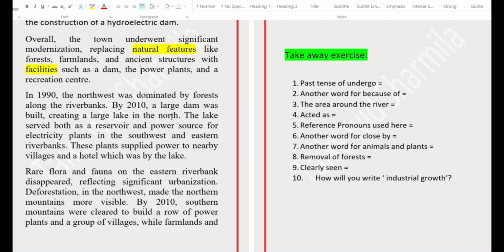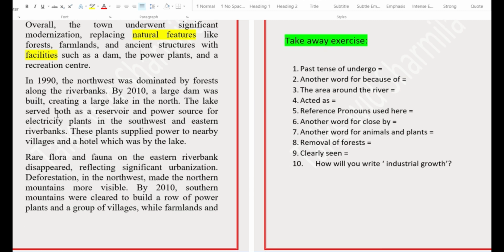The lake served, that is, the lake was used for. So the correct word is served as. So it is: the lake served both as a reservoir and power source for electricity plants in the southwest and eastern riverbanks. Now we are talking about the function of plants providing power to the villages and the hotel.